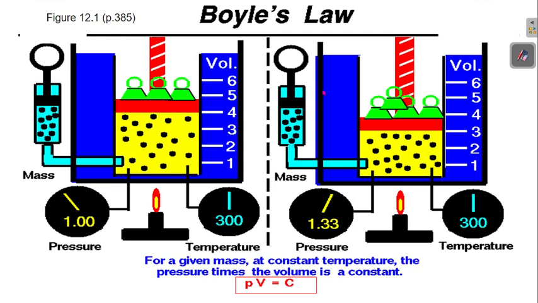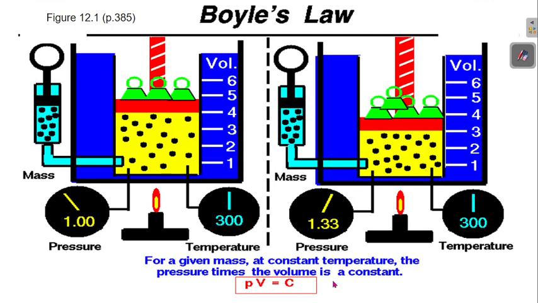So there was 1, 2, 3, and now here's 1, 2, 3, 4. So the pressure has increased, pushing down. What happens to the volume? The volume decreases. That's what he said. He observed these. He was doing experiments, and that's what he saw.